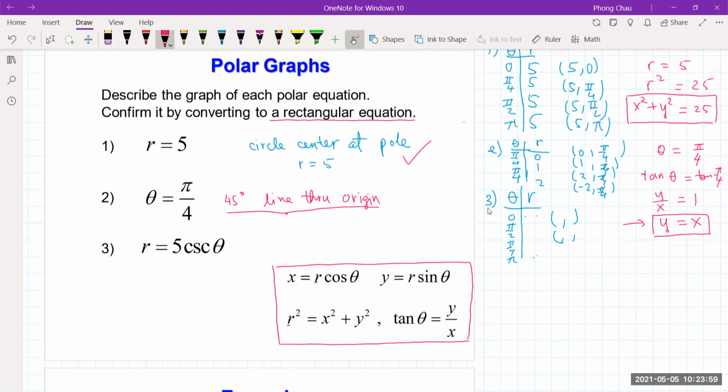Now, looking at number 3, again, I have no clue what the graph looks like yet. By the way, if you want to use a graphing calculator to graph it, this is what you're going to do. You hit the mode button on your calculator, and you should see down on the 4th line, it has 4 options.